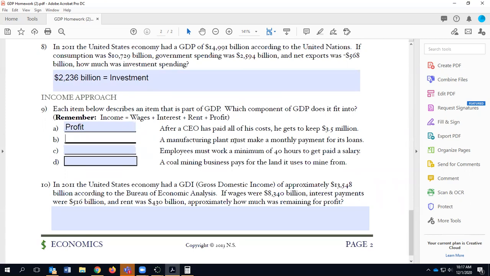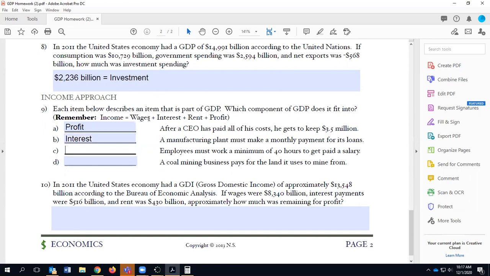A manufacturing plant must make a monthly payment for its loans. Is it wages, interest, or rent? All right, well, let's skip it. It's interest, yeah. Because that's what you're paying on your loans. Employees must work a minimum of 40 hours to get paid a salary.